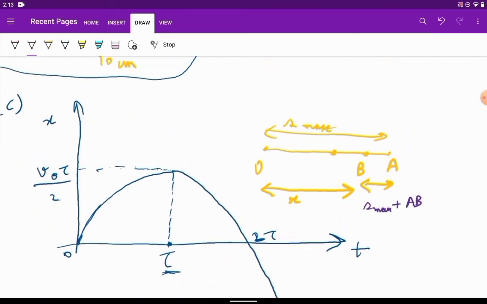B is wherever the particle is at that point, so AB is the distance between the x coordinate of S max and the particle's x coordinate. So S max plus AB is basically the distance.